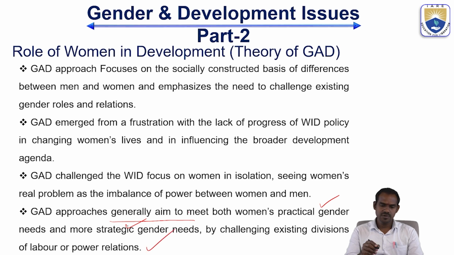I hope you understood what the GAD approaches aim for: women's practical gender needs and more strategic gender needs. How do they aim? By challenging existing divisions of labor or power relations.